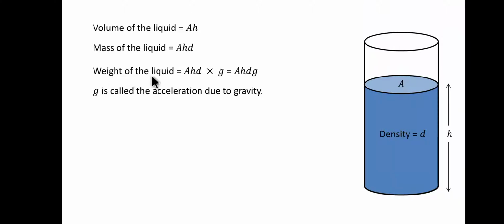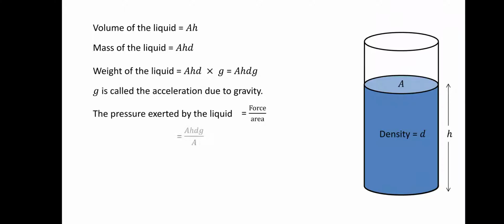So here the weight of the liquid, or we can say the force by which the earth pulls the liquid downwards, is its mass multiplied with the factor g. So here we can say that the pressure exerted by the liquid, the formula for pressure is equal to force by area.